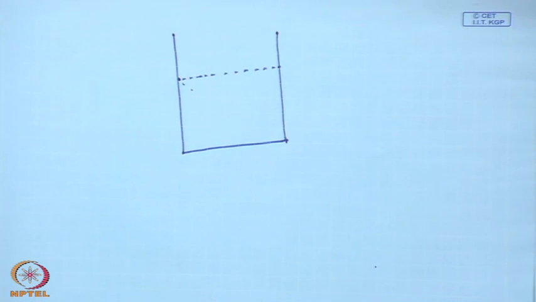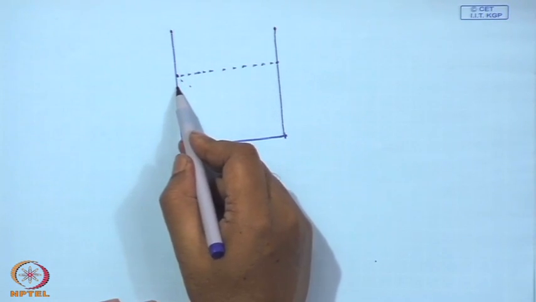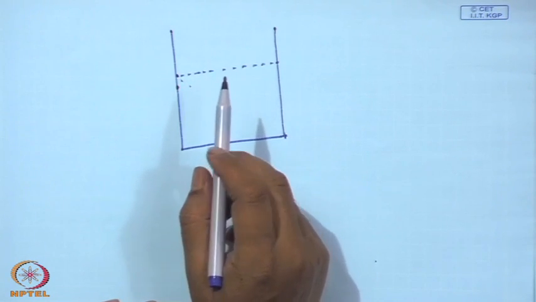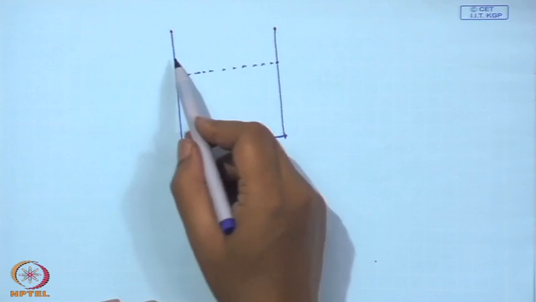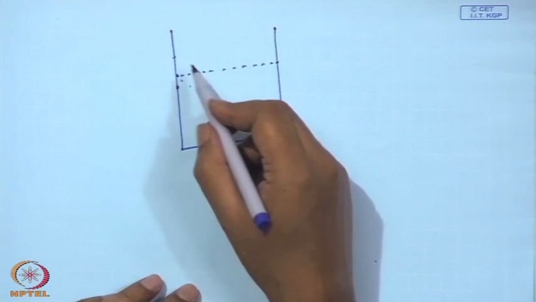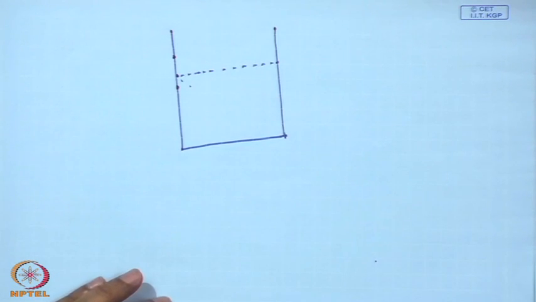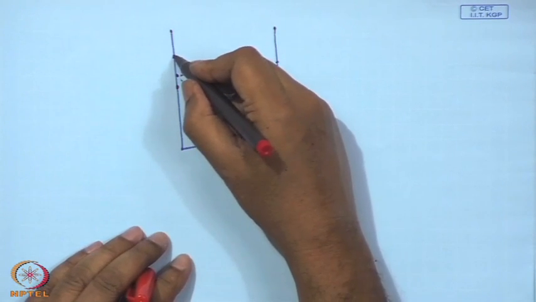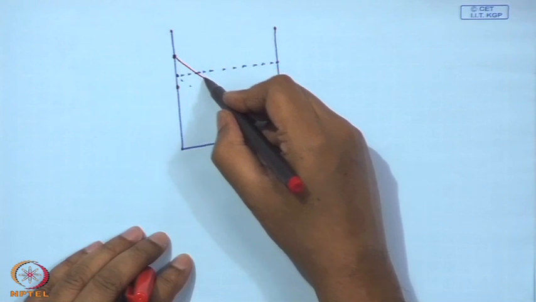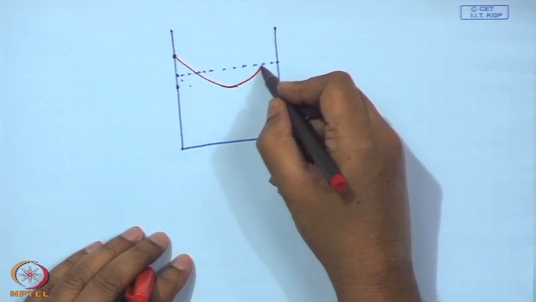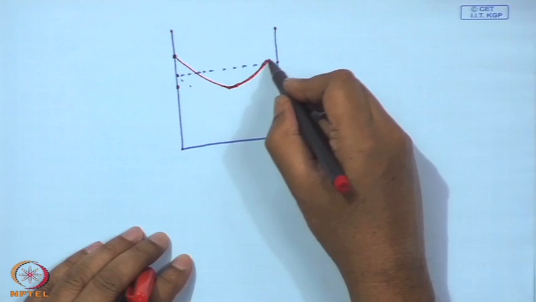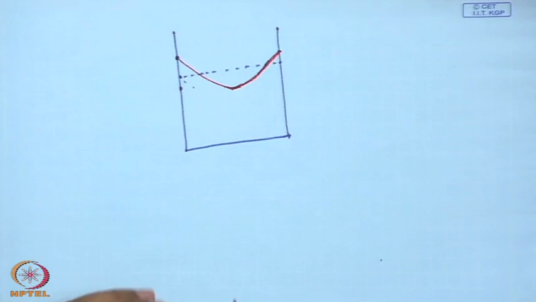Down. That means it will come down somewhere here. Acha. At the wall it will go up. It is something like this, you mean. Something like this. Okay.